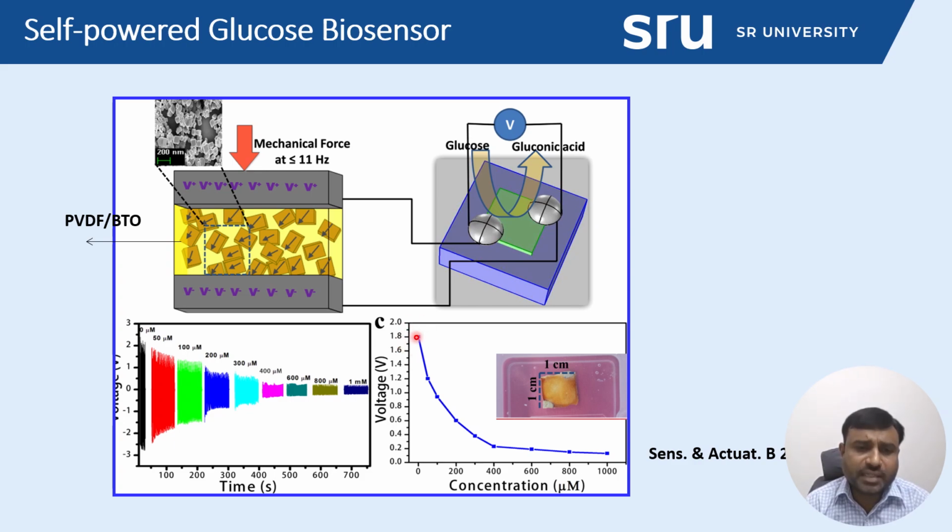When increasing the concentration, the potential slowly and gradually decreases, from 1.8 to around 0.2 volt at a concentration of 1 millimolar. So we can easily correlate between the concentration and the voltage. Suppose the device produces this much voltage, we can simply say this much glucose is present in our sample. This is the main aim of the self-powered glucose sensor.